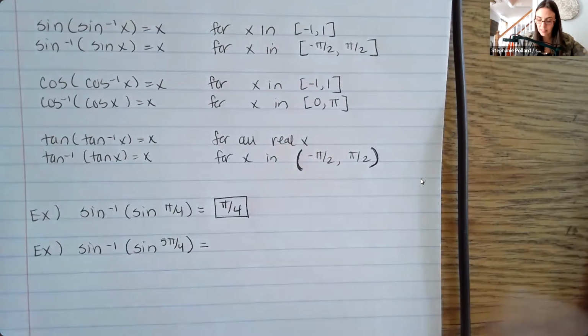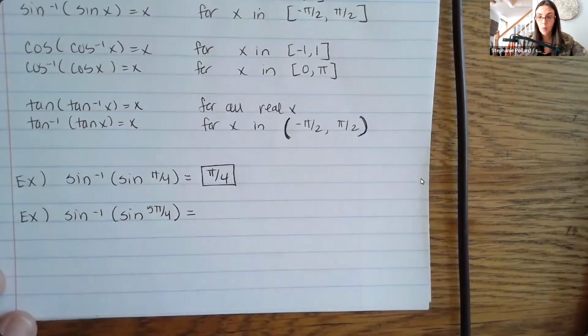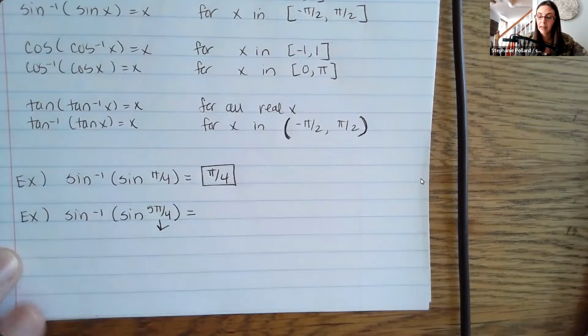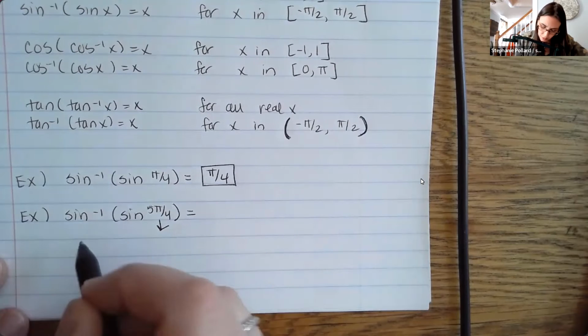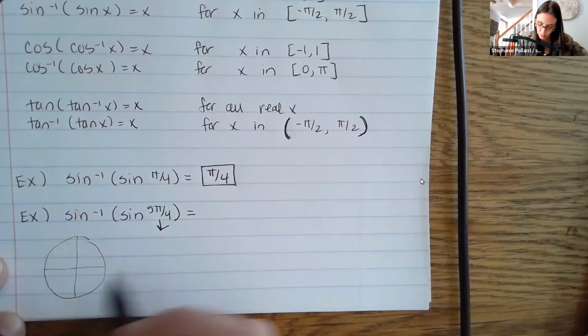What I need to do is find a way to work with this first. There are different ways to do that, but one way is to try to get this angle to be in between negative pi over 2 and positive pi over 2. To do that, I could use reference angles. You don't have to, but sometimes it's nice to draw a little picture and think about what's going on.